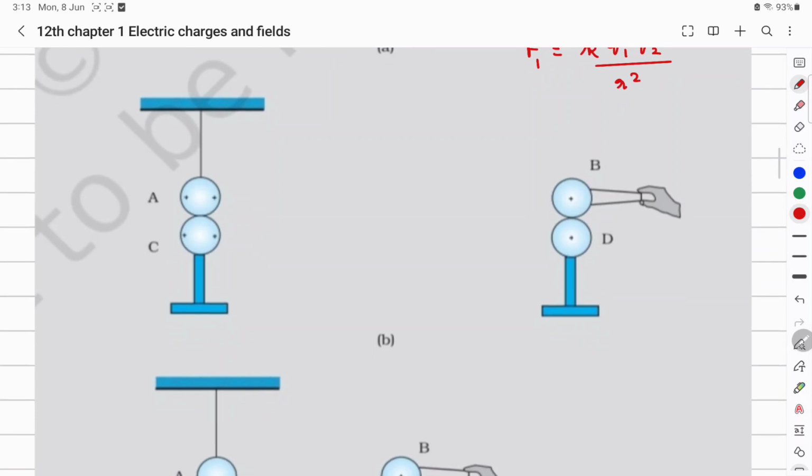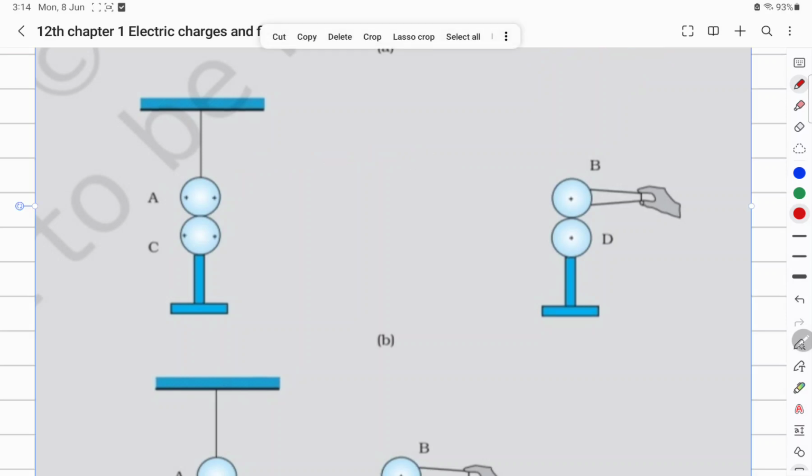In the second diagram, they have given us touching with the uncharged sphere. That is, sphere A is touched by an identical uncharged sphere C. Since A and C are identical, the charge is divided equally, so the charge on A is reduced to half, so Q1 by 2, like that.